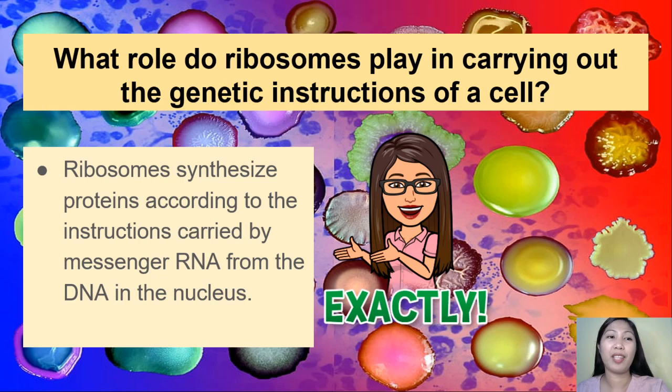Ribosomes synthesize proteins according to the instructions carried by mRNA from the DNA in the nucleus. Many of the membranes of the eukaryotic cell are part of an endomembrane system. The endomembrane system includes the nuclear envelope, endoplasmic reticulum, Golgi apparatus, lysosomes, vacuoles, and the plasma membrane.